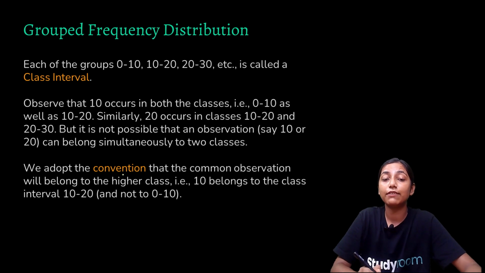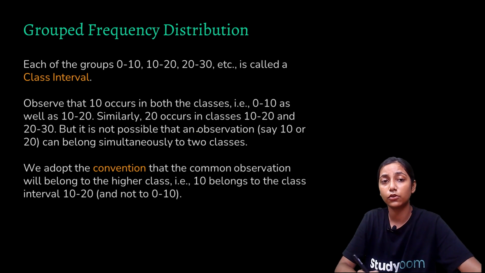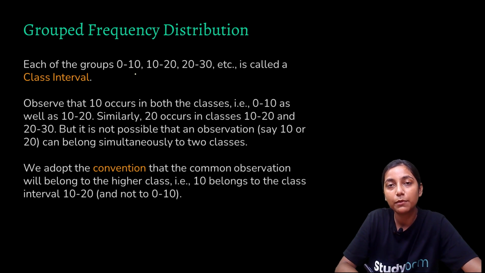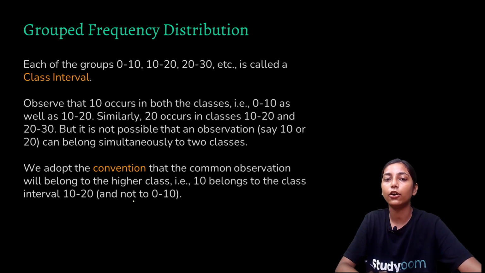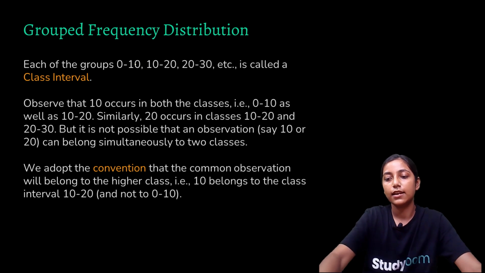We adopt the convention that the common observation will belong to the higher class. So 10 belongs to the class interval 10 to 20 and not to 0 to 10, because such an observation is going to belong to the higher class.